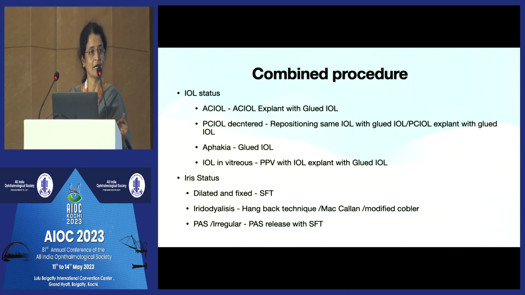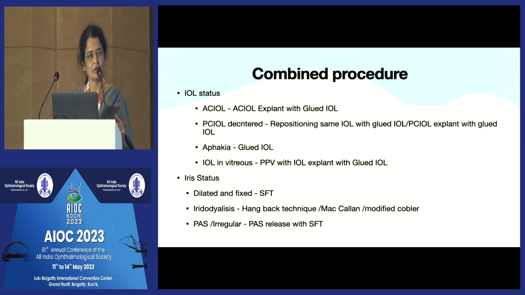Okay, first is the IOL. You may have an ACIOL or a decentered PCIOL, or the patient may be aphakic, or you may have a dropped IOL in the vitreous. If it is an ACIOL, you just explant the ACIOL and combine it with the glued IOL, which we usually practice.